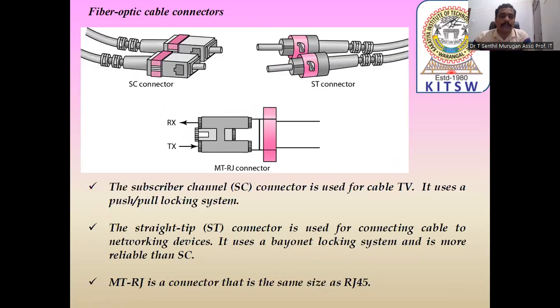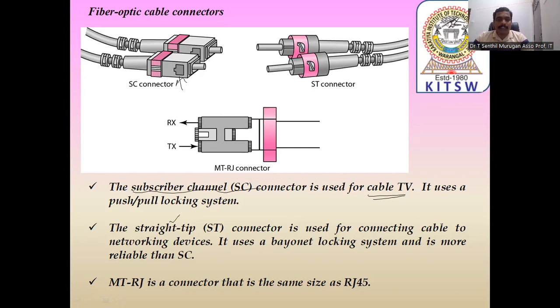For fiber optics, we have three connectors: SC connector, ST connector, and MT-RJ connector. SC connector means subscriber channel connector. It is used for cable TV users, with a push and pull locking system. ST connector means straight tip connector.